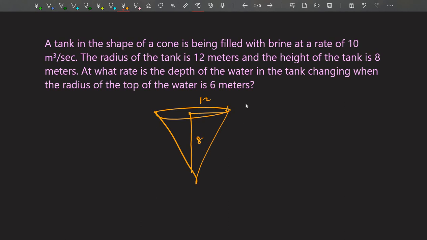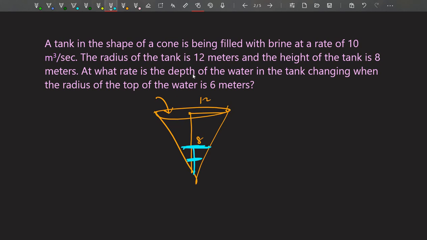When we fill in the water, the radius and the height change according to the water being filled in. Let's say at this height, this is the radius and this is the height at the current level. So we need to determine the ratio, because the water level and the radius change according to the ratio of the size of the cone.